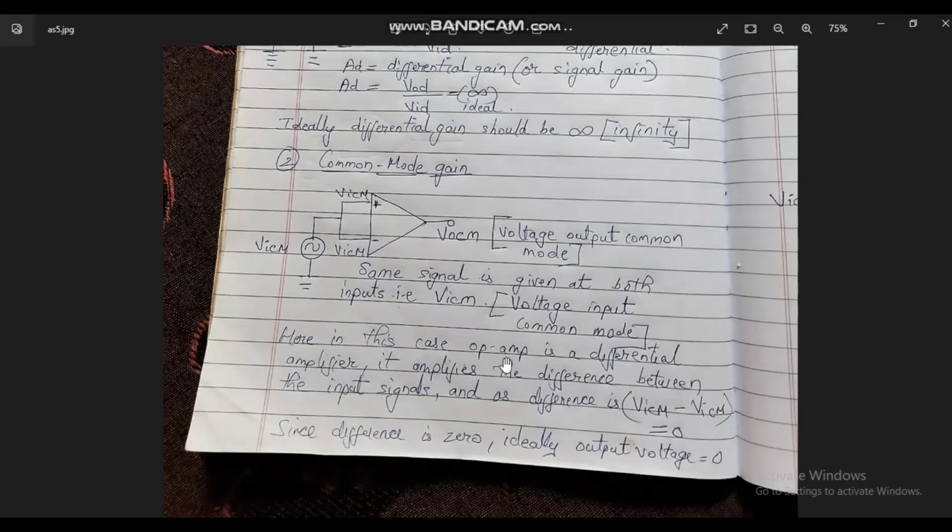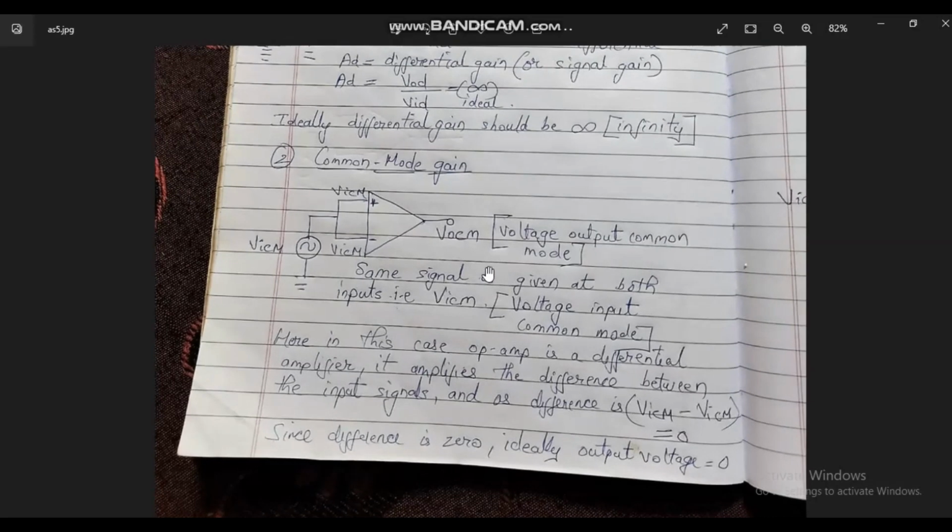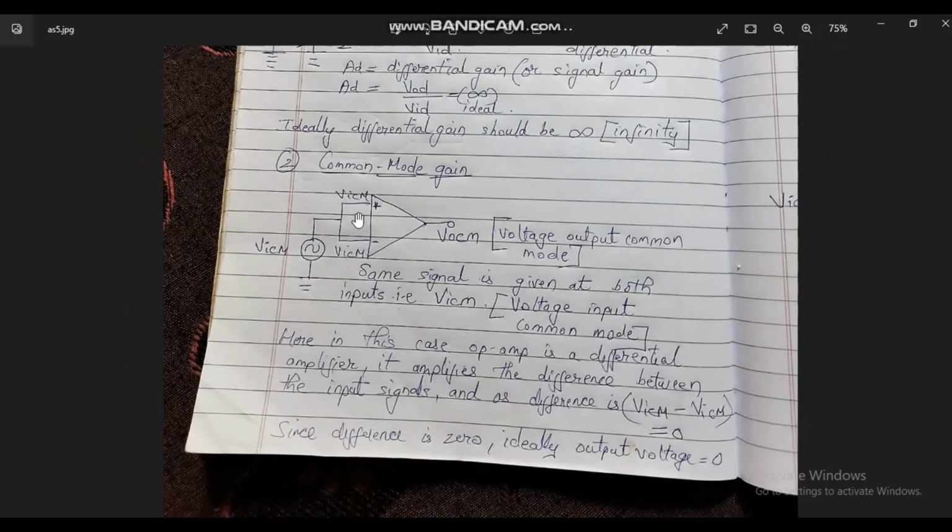Here the op-amp is a differential amplifier and it amplifies the difference between the input signals, but the difference between these two is 0. VICM is equal to VICM, so the difference is equal to 0. Since the difference is 0, ideally the output voltage should be 0. But it is not the case. We will check this.